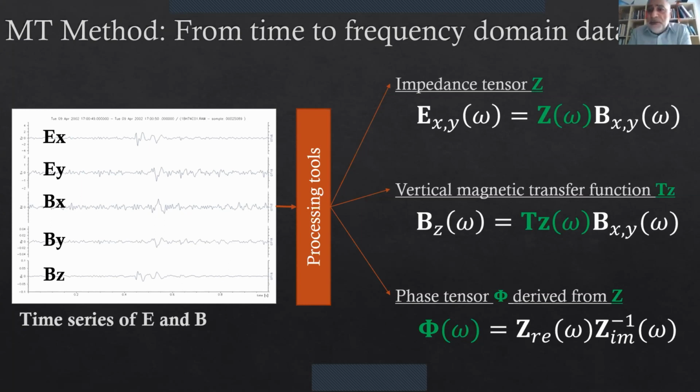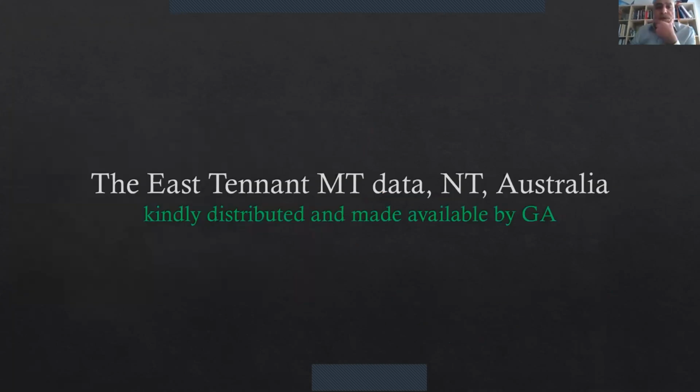Now, why am I giving a quick introduction to these data types? Because these are the data types that I will use in the application when using the East Tennant MT data, and I will show some 3D inversion results using all of these data types and also a combination of them.